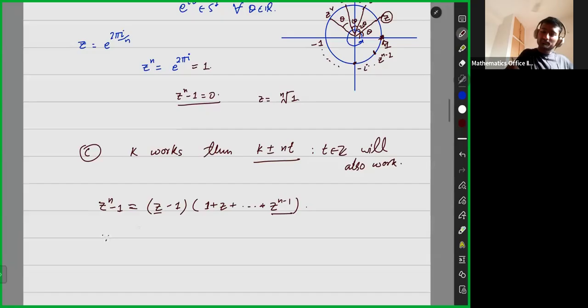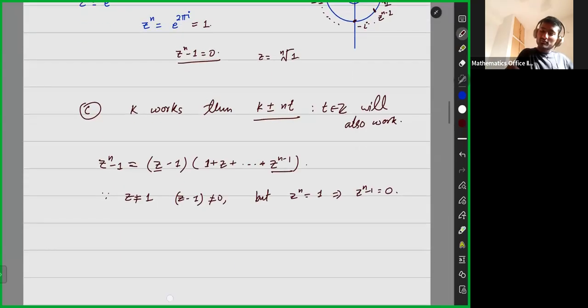Now, since z is not equal to 1, z minus 1 is non-zero. Non-zero things inside C are invertible. But z to the power n is equal to 1. This implies z to the power n minus 1 is 0. So on the left side, it is 0.